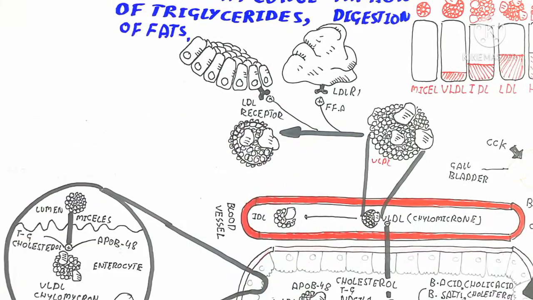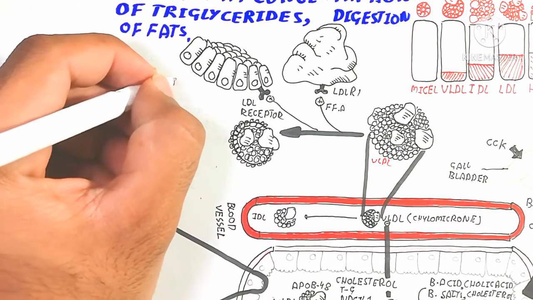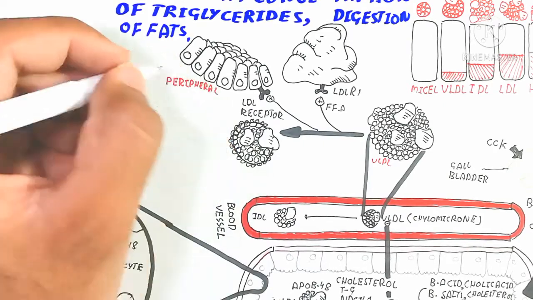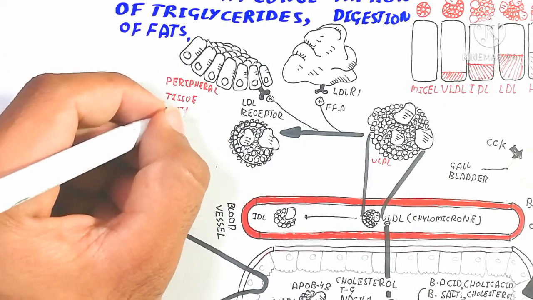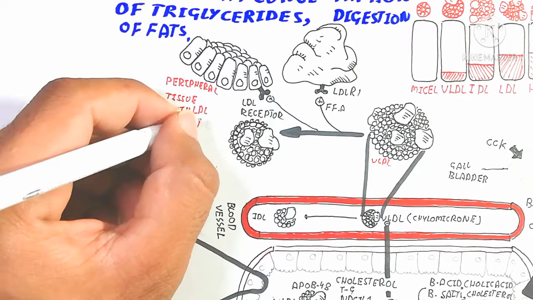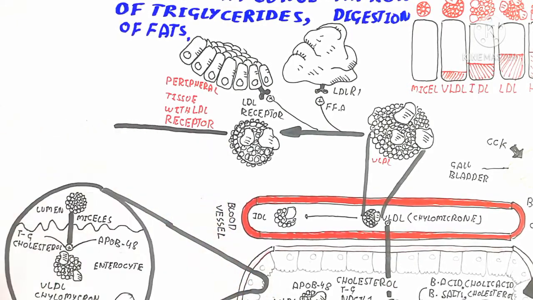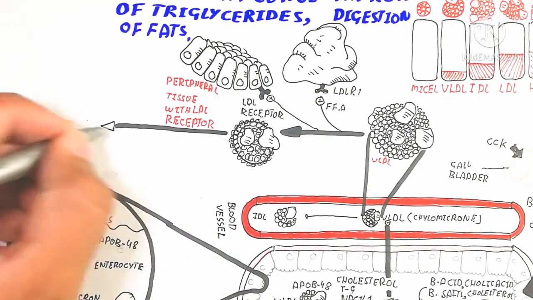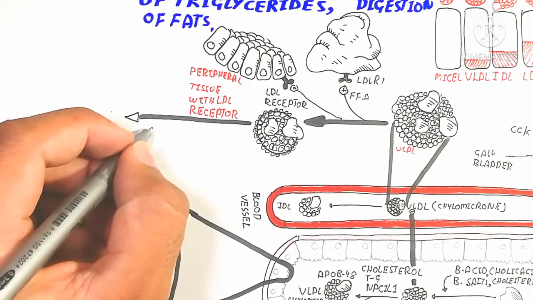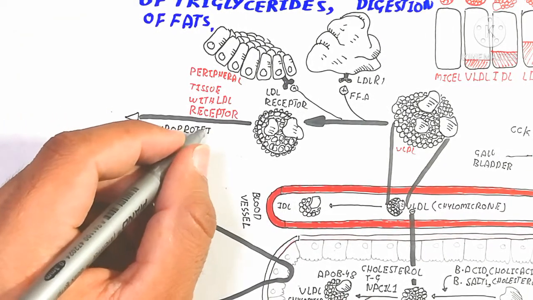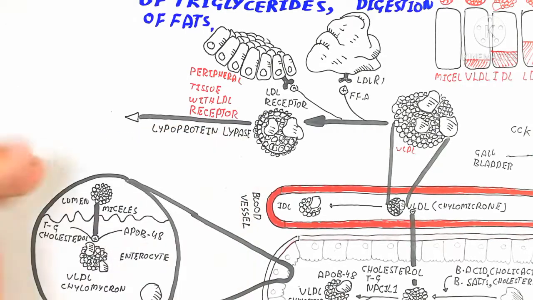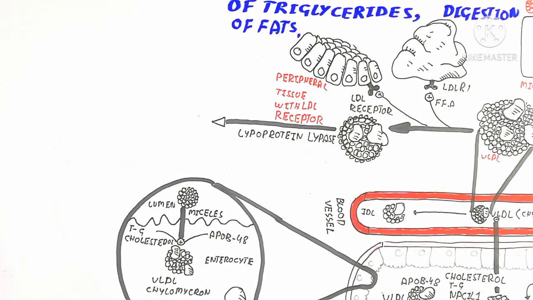Remember, a low density lipoprotein receptor is also present in peripheral tissue, for example smooth muscle, cardiac muscle and skeletal muscle. When it transports these fats and triglyceride to the tissue and adipose tissue, it is converted and produces the IDL.